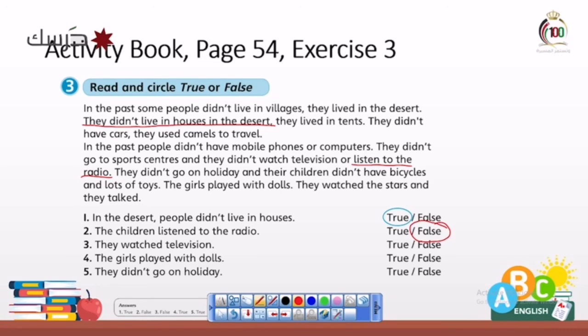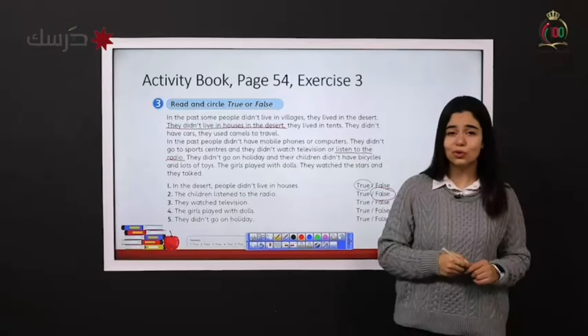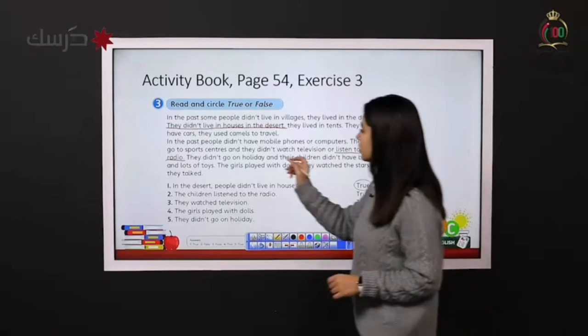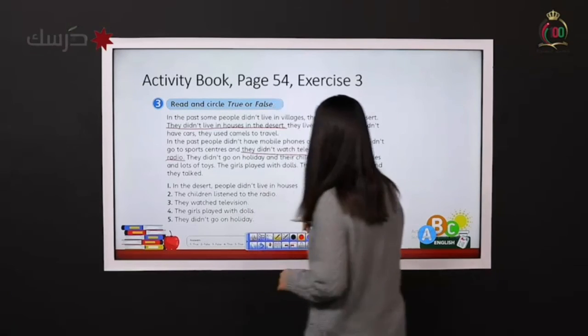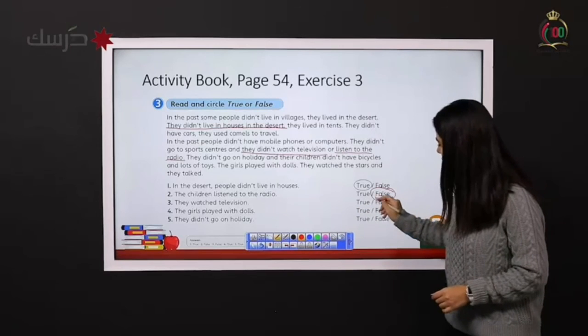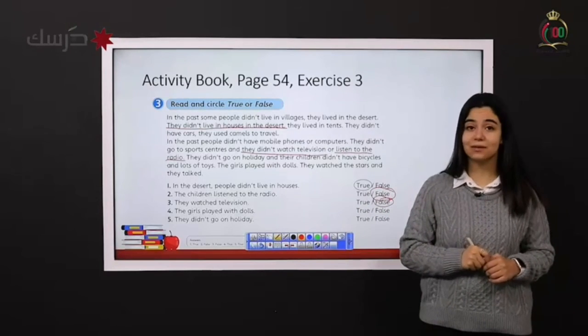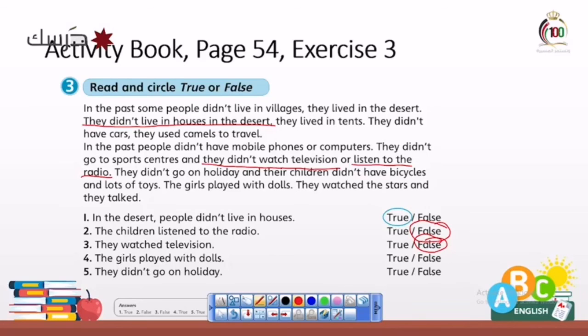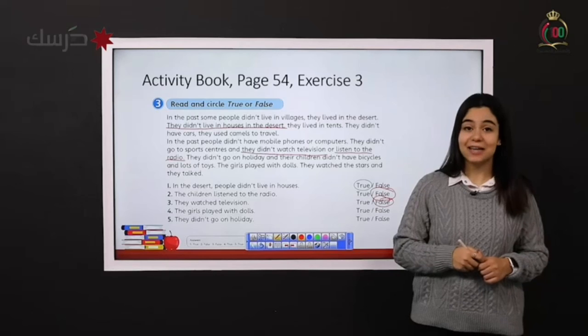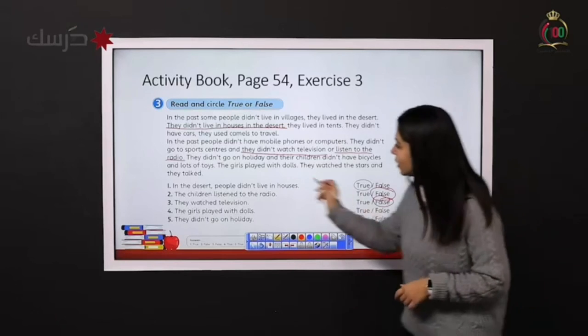They watched television. Is this true? No, it isn't, because they didn't watch television. So we are also going to circle false for number 3. Sentence 4 says, the girls played with dolls. Is this true? Yes, it is.